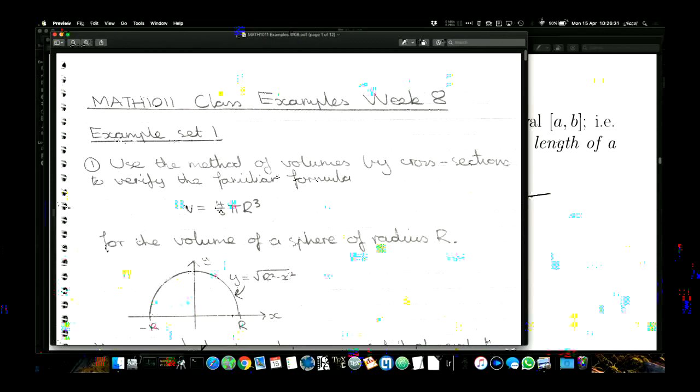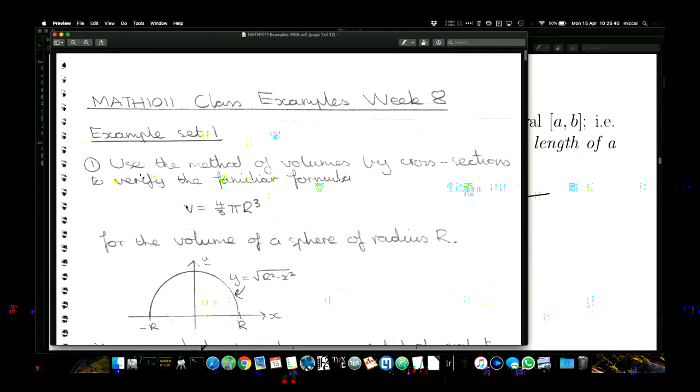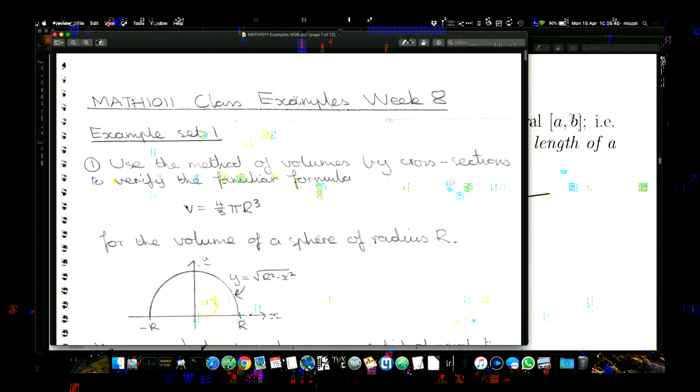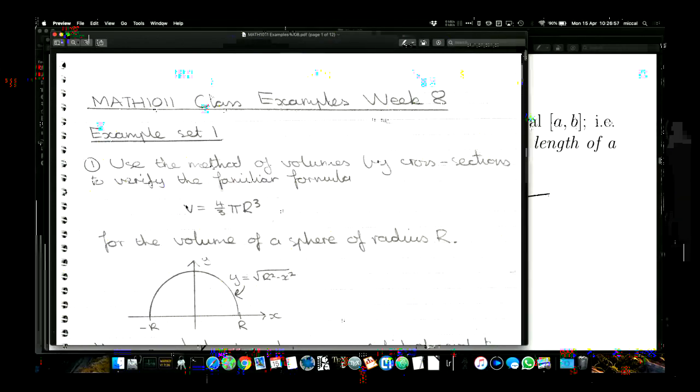So if I want to prove this, let's say I don't know the formula for the volume of a sphere. Imagine I've got a semicircle of radius r. We know that the equation of a whole circle is x squared plus y squared equals r squared. I'm going to rotate this around the x-axis. Looking at just the top half, that's the function y equals the positive square root of r squared minus x squared.